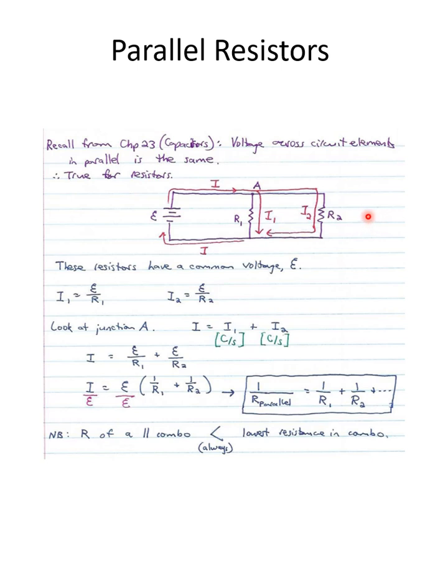Less visually, it's the idea that R1 and R2 have the same voltage drop between them. Now, these resistors have a common voltage, electromotive force, and we can say I1, the current that goes through R1, as you can see in the diagram here, is electromotive force over R1. And I2 is electromotive force over R2.